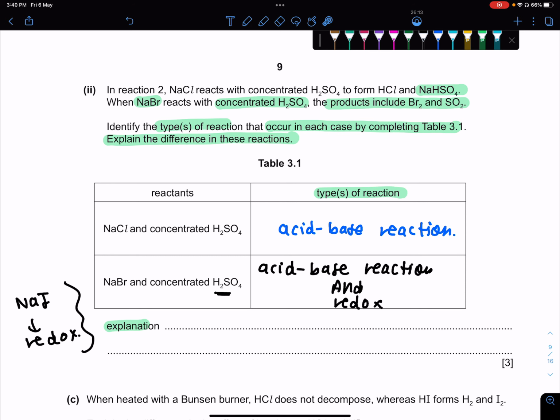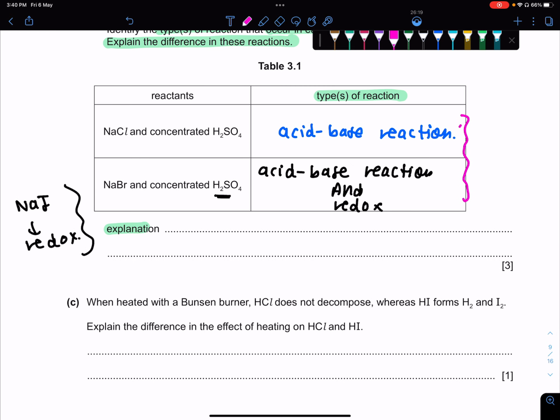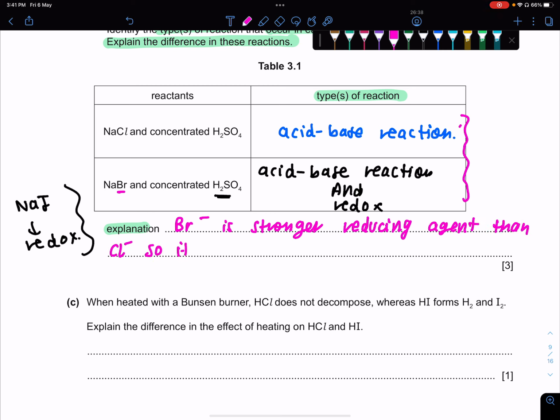It's very important. Now what's the explanation for this part? Down the group, the reducing power of halide ion increases. So Br minus is a stronger reducing agent than Cl minus, so it would be more easily oxidized to Br2 by H2SO4.